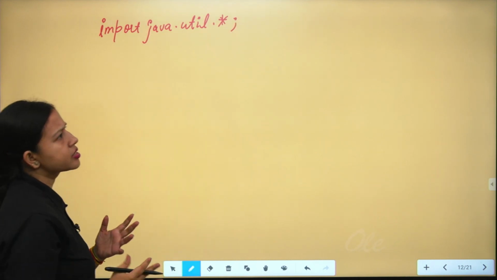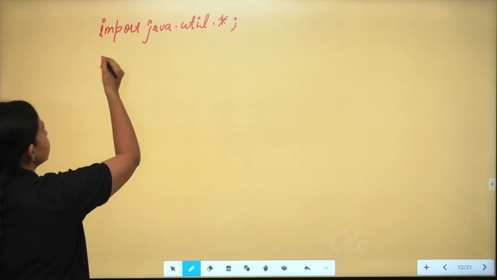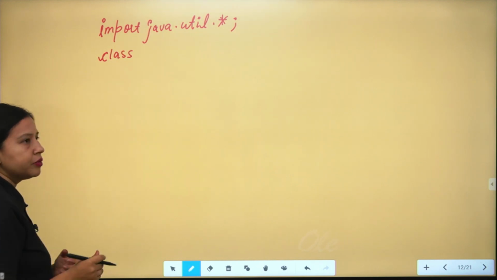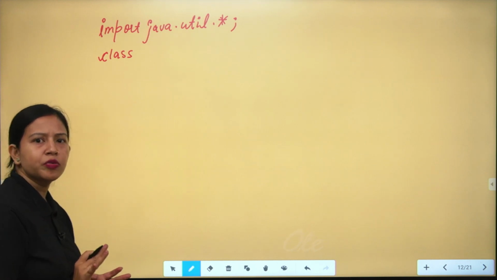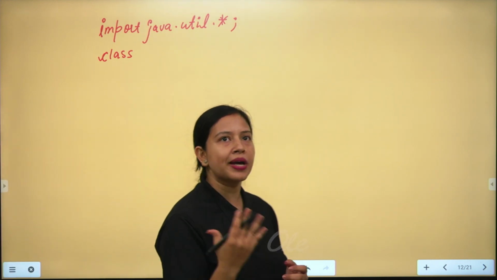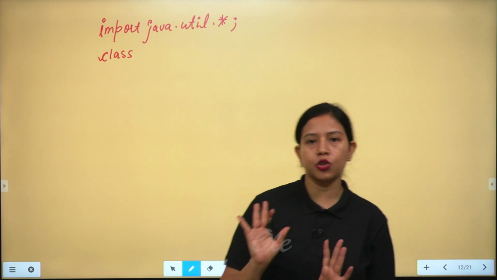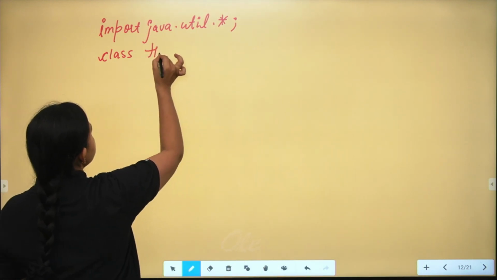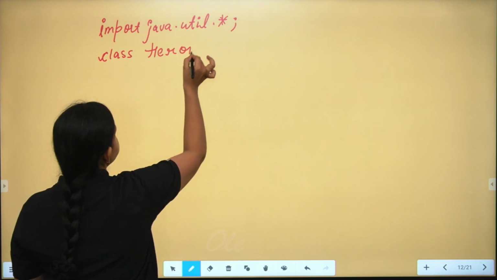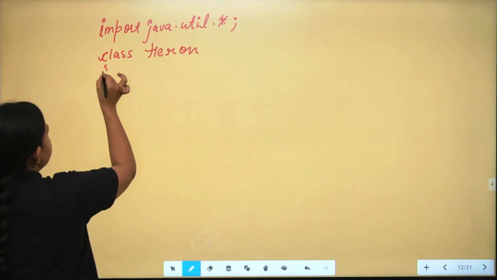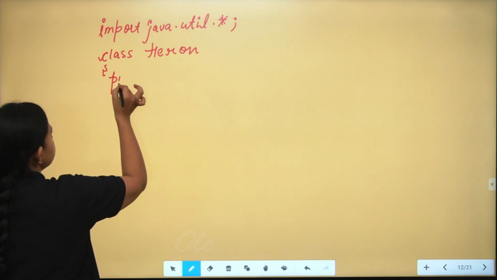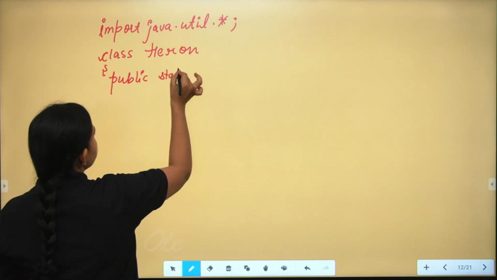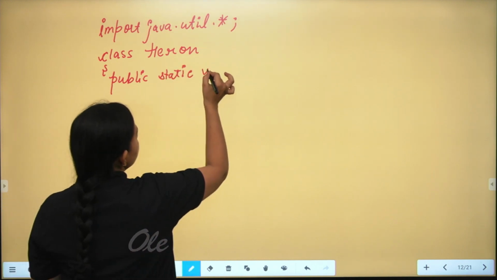As I've already discussed many times, this is an input statement where we are taking the Scanner class package, which resides in the package named util. The class name can be anything; I'm taking Heron here. Then curly bracket, and we design the main method, which is public static void main.